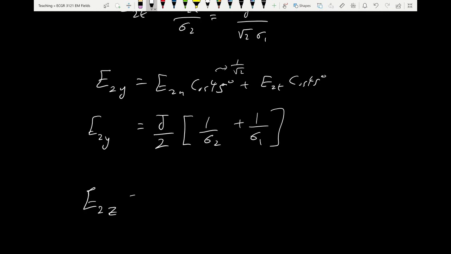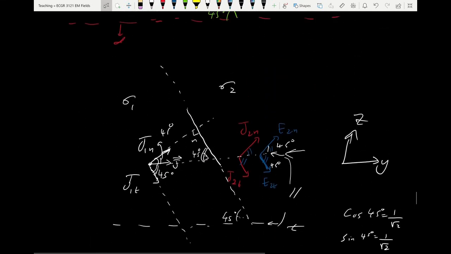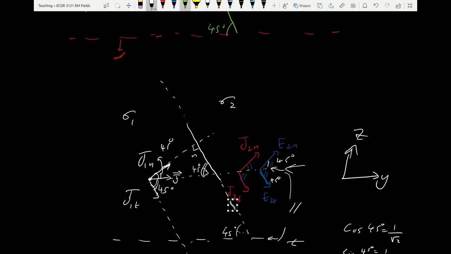What about E2z, the component of E in the z direction? Let me take the straight line here. So if this is 45, this is also 45, right? And this is also 45. That's the nice thing about 45 degrees, it divides evenly. So the z component is going to be E2n cosine 45 minus E2t sine 45.